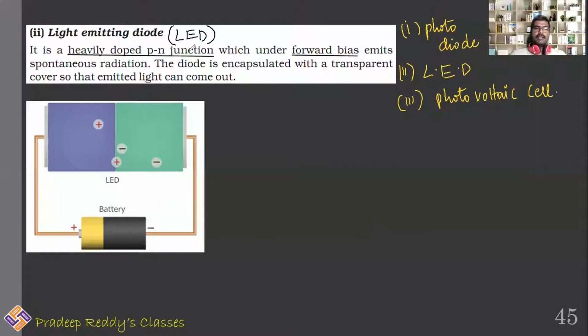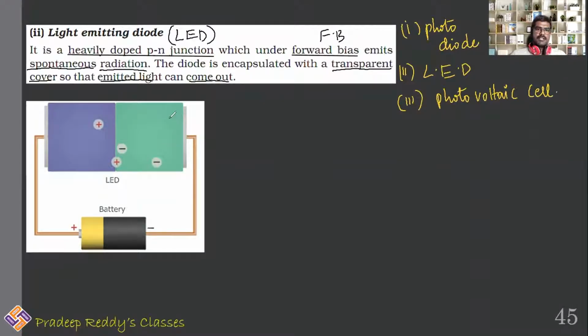So a light emitting diode is simply a PN junction diode which should be connected in forward bias. When you connect a junction diode in forward bias, it emits spontaneous radiations, and this diode is encapsulated with a transparent cover so that the emitted light can come out. This is the principle of construction of a light emitting diode.